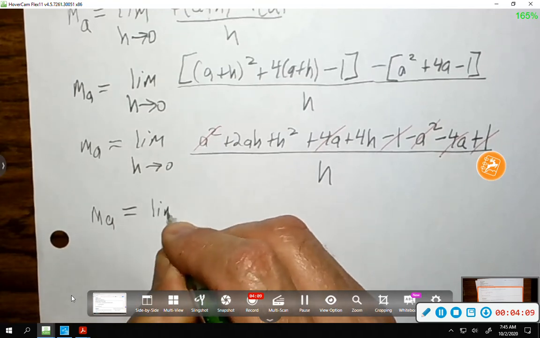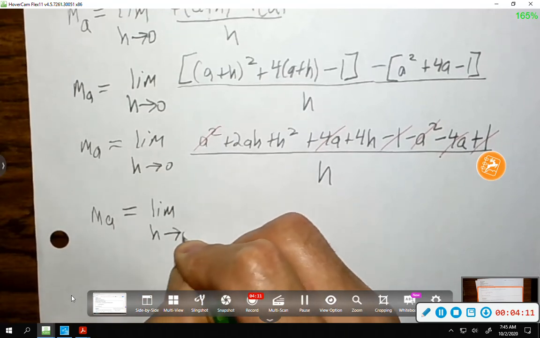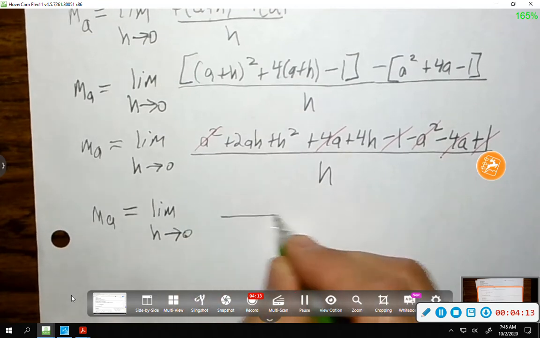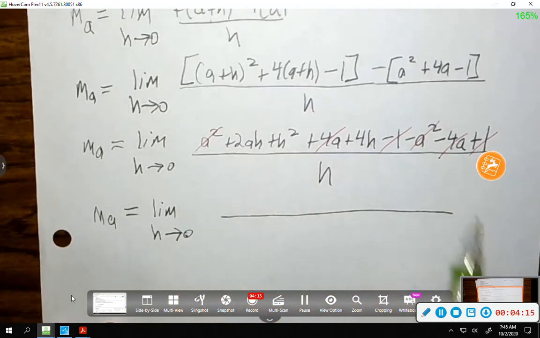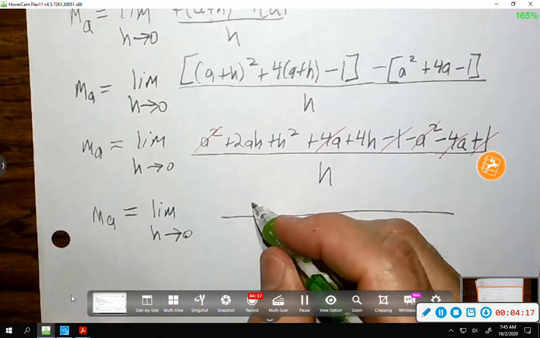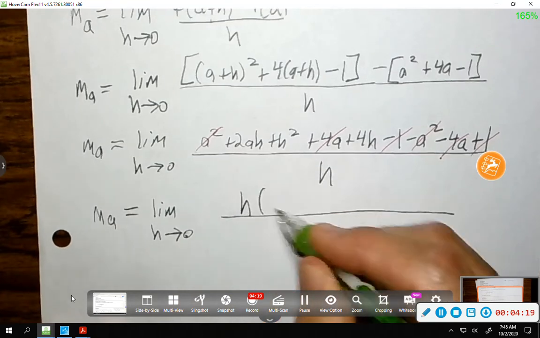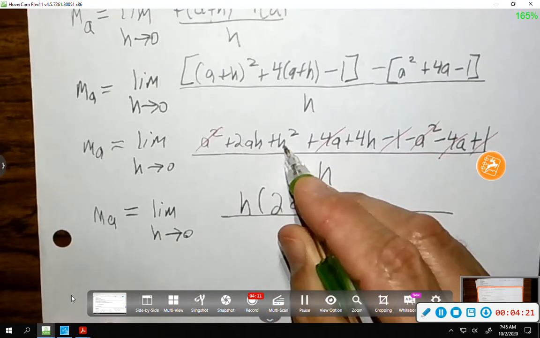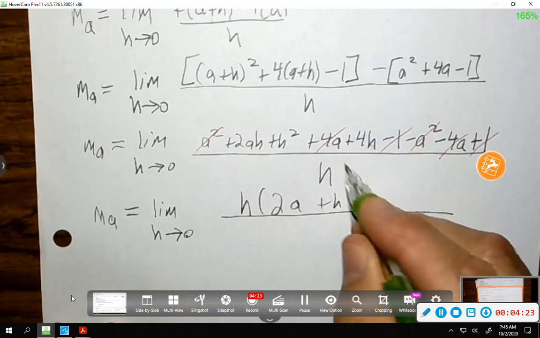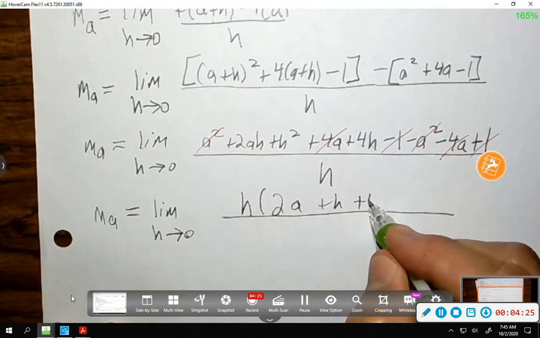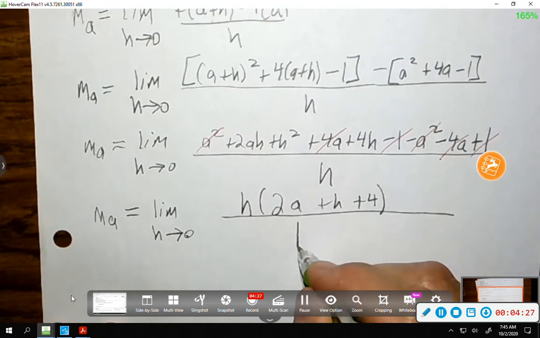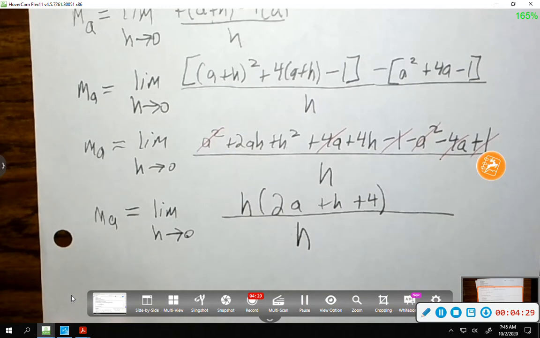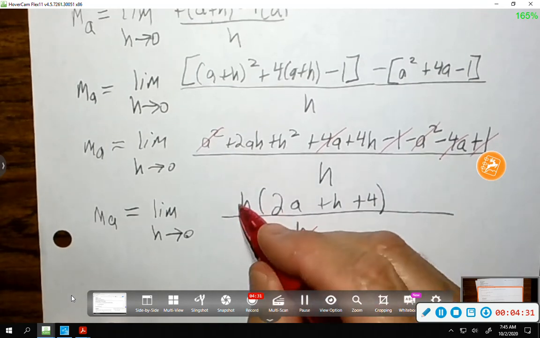But it's important that you do not cancel terms and factors in the same step. That is canceling terms. Now I'm going to factor out the h. I have a 2a plus h left in that term, plus 4 left in this term, all over h. Cancel, cancel.